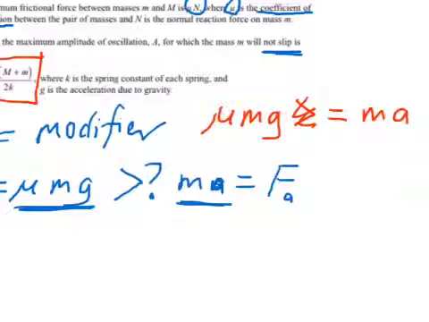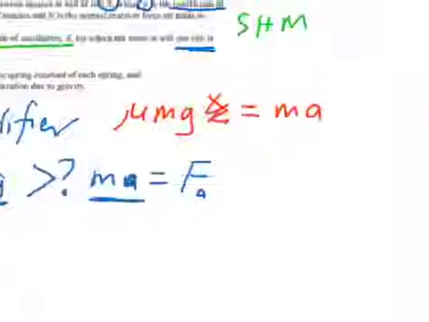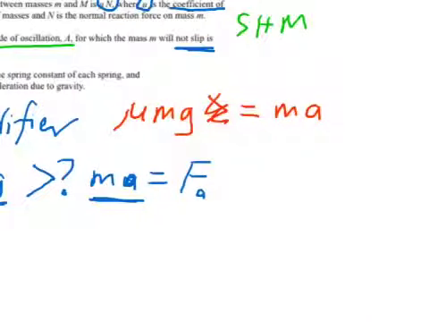So where do we go from here? Well, we know that because this is simple harmonic motion, remember, SHM, it might be useful to look at the maximum. We've got the maximum amplitude of oscillation here, A. We can use that to find the maximum acceleration from the simple harmonic motion, which, if you remember, the acceleration maximum is A max is A, which is the amplitude, times omega squared, and it's in the opposite direction to the displacement.